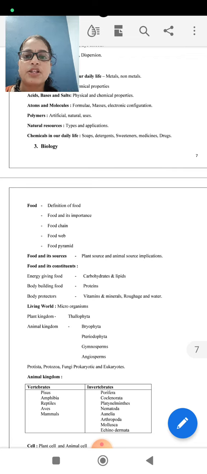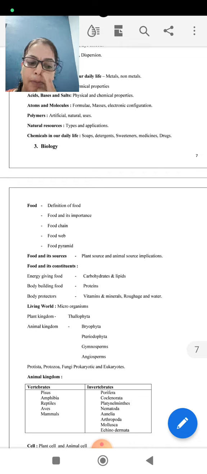Unicellular is protista. This protista includes unicellular living beings. Next one is the multicellular. In the multicellular, it is classified according to two types, that is with cell wall and without cell wall.